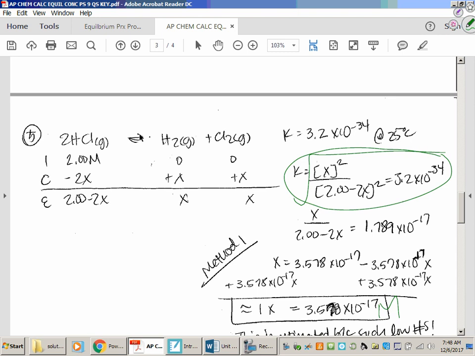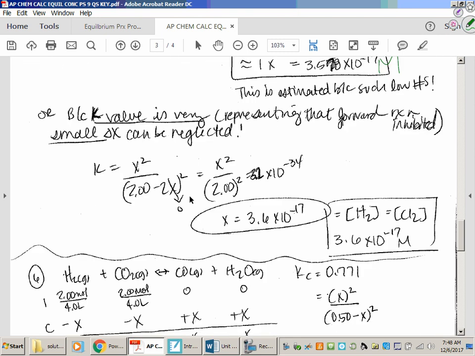So to very much simplify the math up front, you can do the neglecting x thing, where we did the 2.0. So you can still get x squared over 2.0 squared. When you then multiply that by the K value, you can just square root that, and you get x to be 3.6 times 10 to the negative 17th. Look how close that is, though. Right? It's super duper close. Now, I would then need to show the 5% rule to make sure it's legit.